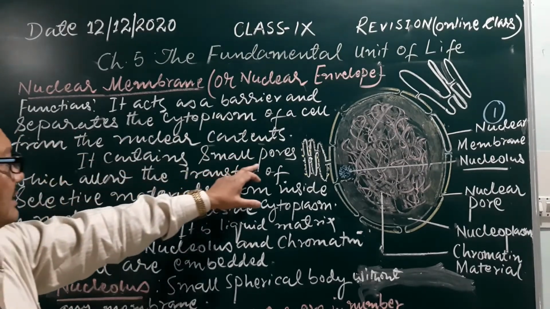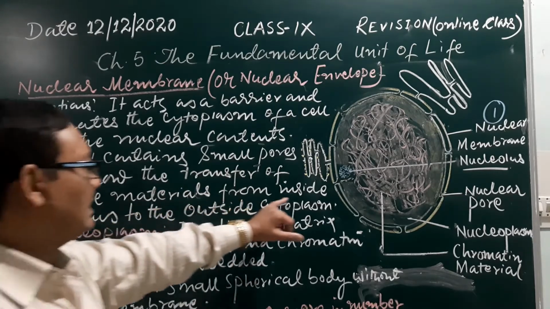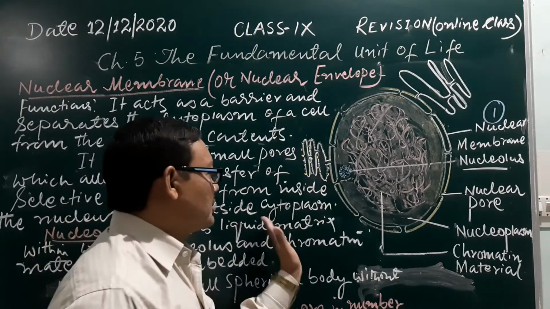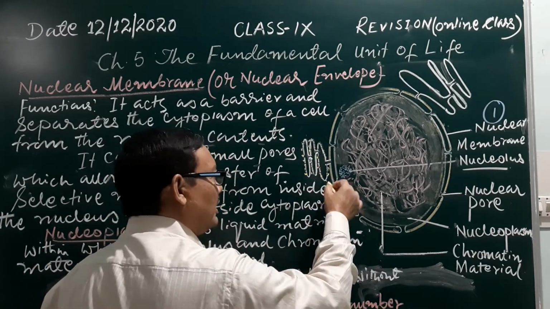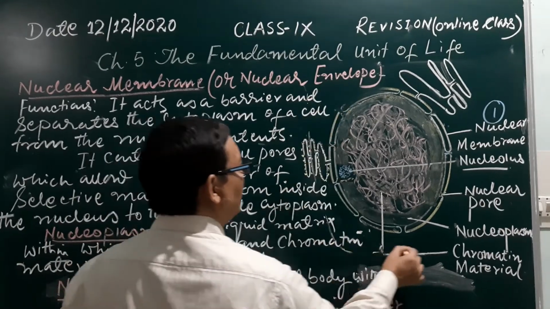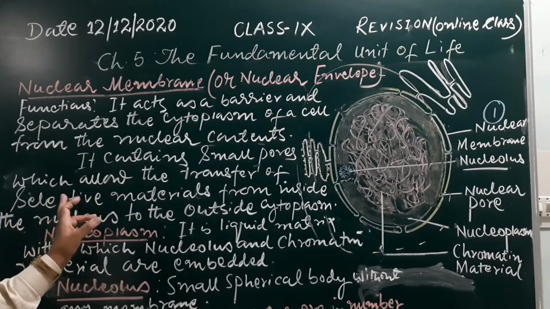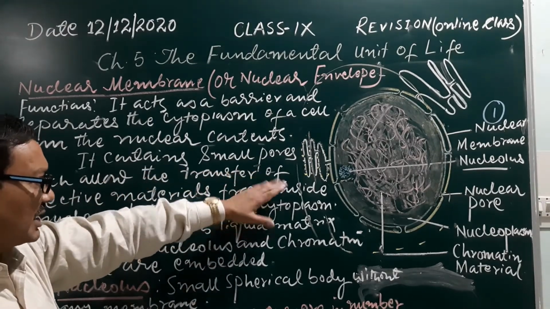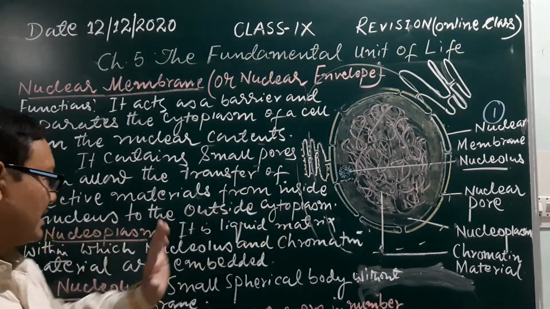It contains small pores which allow the transfer of selective materials from inside the nucleus to the outside. What is outside the nucleus? There is the cytoplasm. That is why it is written that it allows selective transportation of materials from inside the nucleus to the outside cytoplasm.